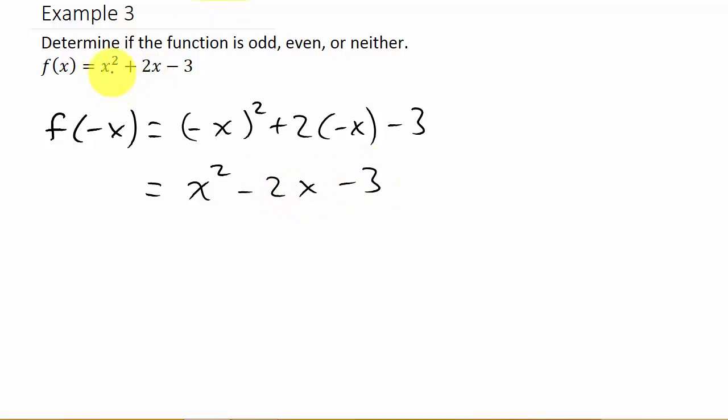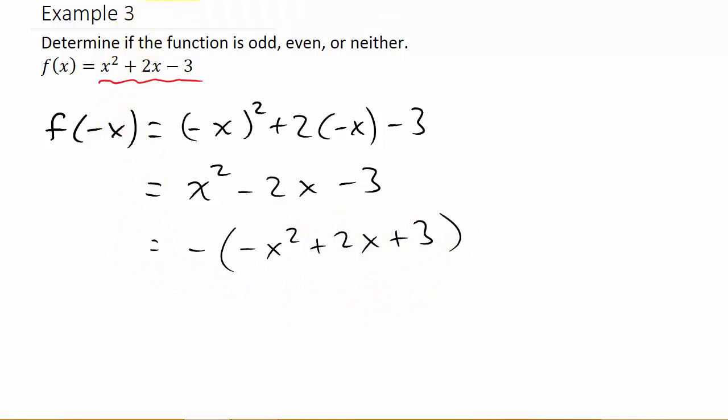If we look at our function, notice we didn't end up with the function. So we know it's not even. Well, let's factor out a negative. So we've got negative times negative x squared plus 2x plus 3.